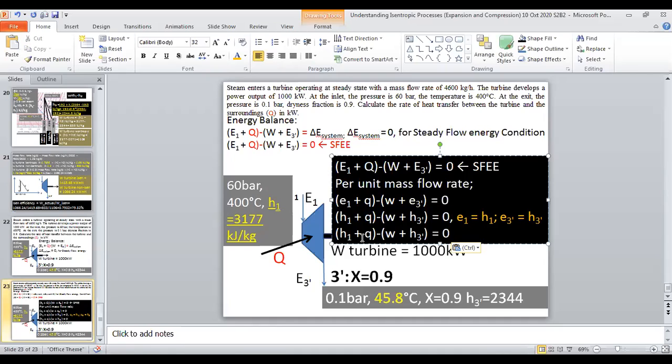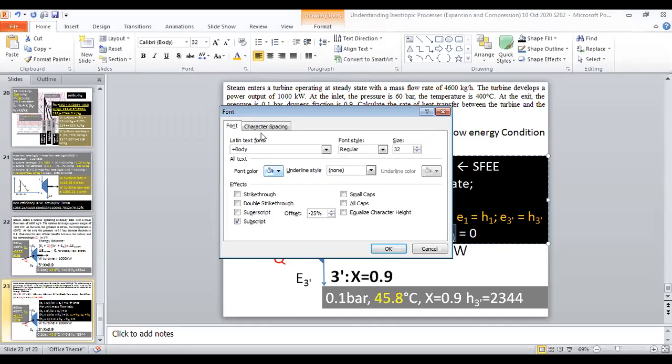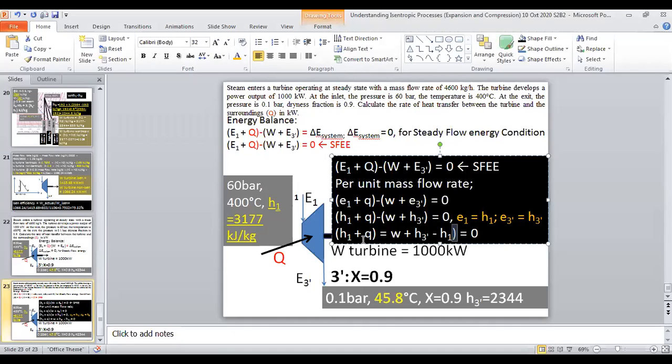Q is equal to W plus H3 dash minus H1, per unit mass.